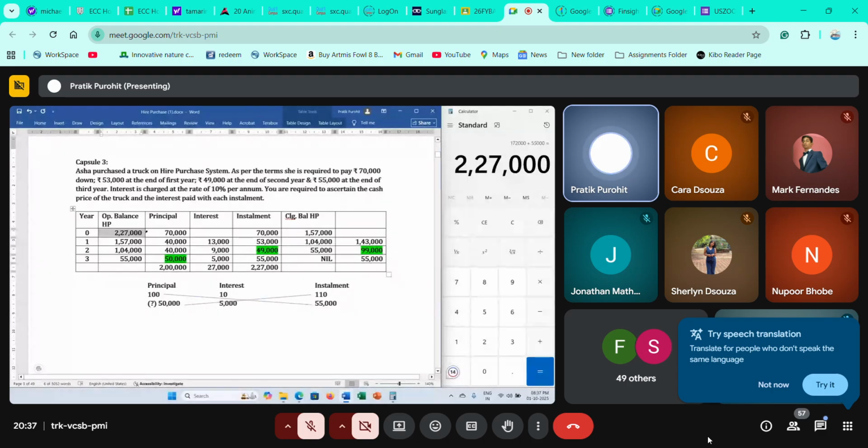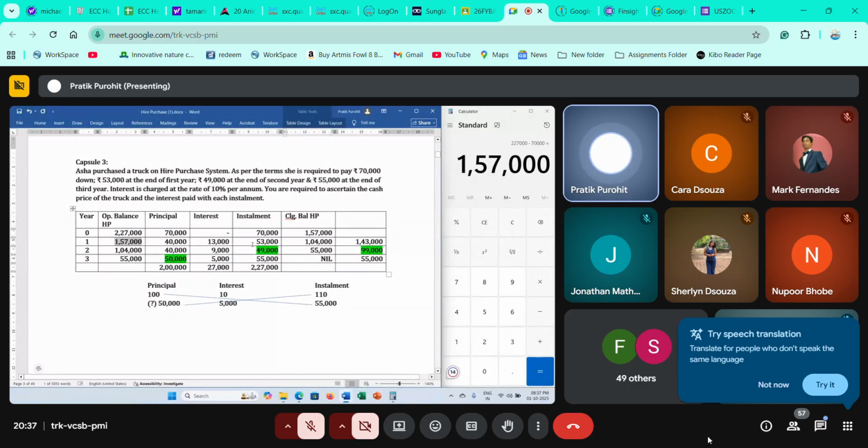You make a down payment of 70,000, obviously, which has no interest component. Down payment never has interest, so installment is also 70,000. So closing hire purchase price becomes 157. How 157? 227 minus 70,000 gives you 157. Closing becomes opening of the next period, so you put 157 here.